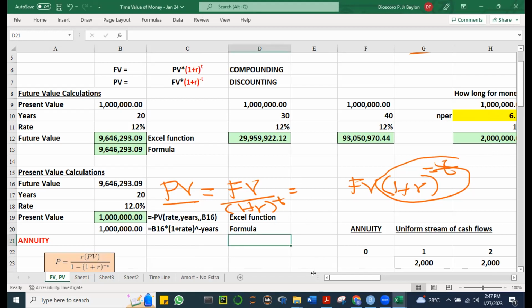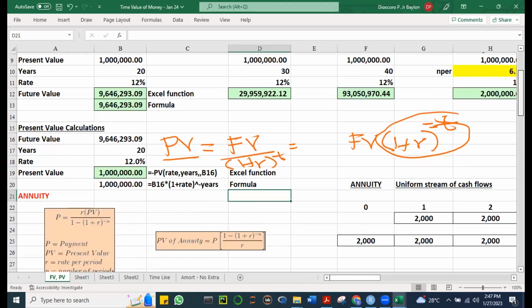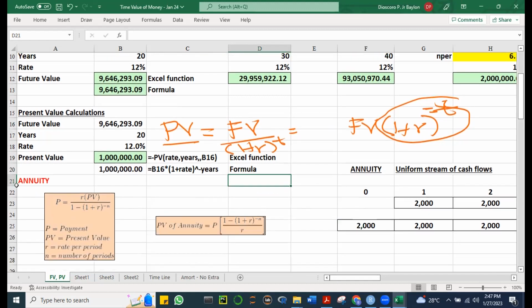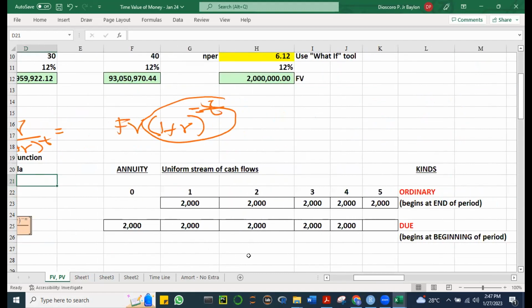Okay, so we go to annuities. We said last time that annuities are a uniform stream of cash flows. For example, this is an annuity of 2000. Annuities can, of course, be mixed with other cash flows.